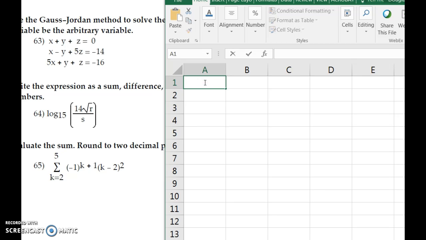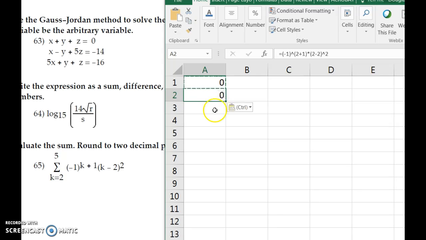So you're going to get -1 to the 2 plus 1, and then multiply that by 2 minus 2 squared. And you get 0 because 2 minus 2 is 0.